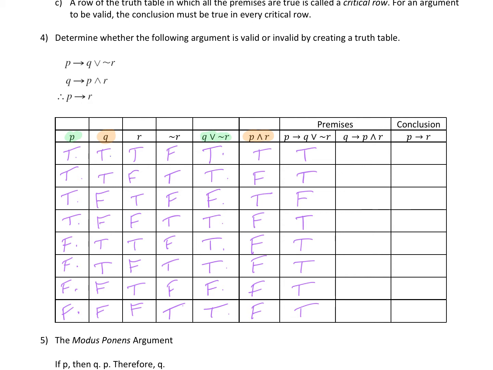Q, we have true, true, true, false. Okay, false. Then false, true, false, false, true, false. There's another false. True, false. There's another false. False, true, false, true. So I've got 3 falses here. The rest are true.